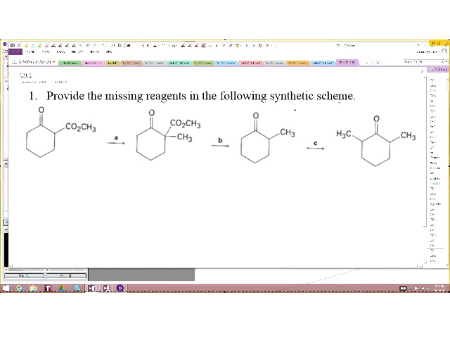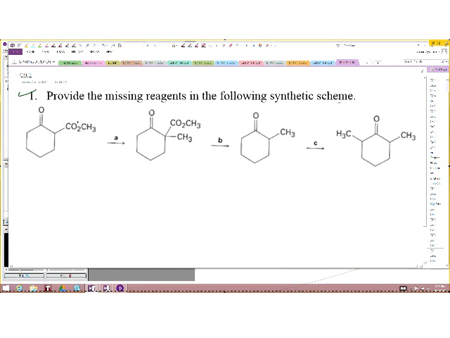Okay, Akira, can you go ahead and read this for us? Okay, thank you. For this problem here, you are supposed to provide the missing reagents for the following sequence of reactions. So this is just a case of knowing your reagents at this point.